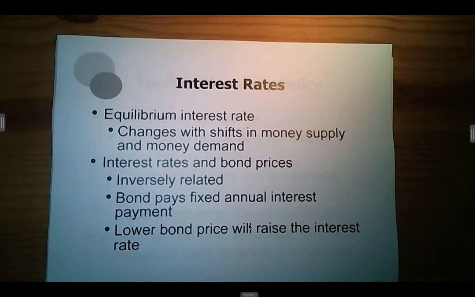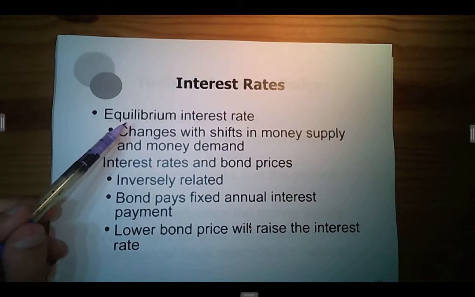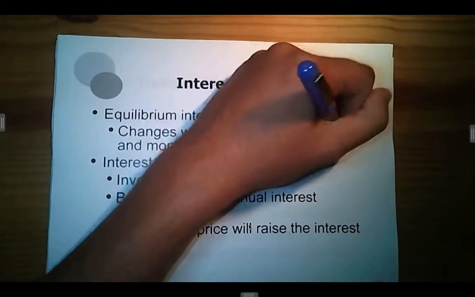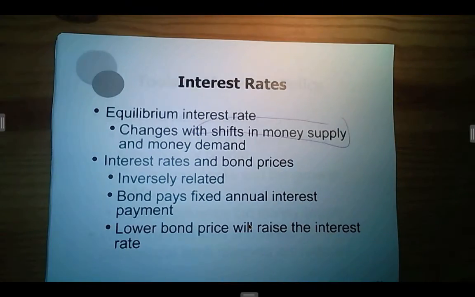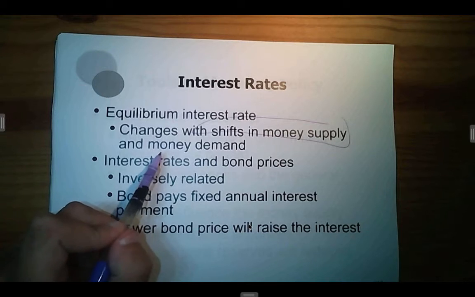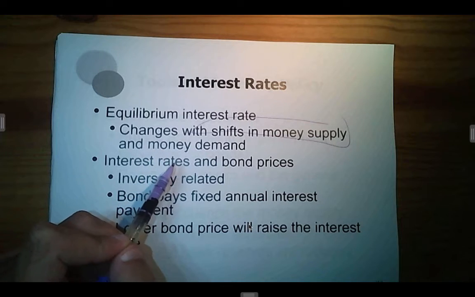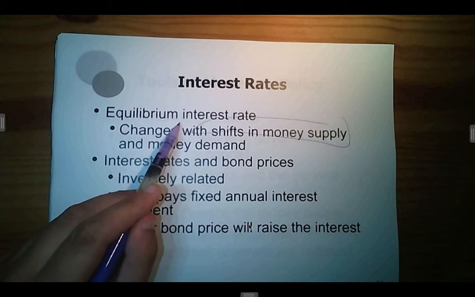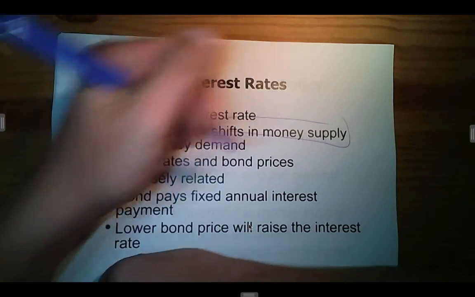Which then means that the equilibrium interest rate is determined by how I shift the money supply to change the equilibrium interest rate. The money demand itself, in some sense, is constant, but what's shifting is the money supply, and as the money supply shifts, it changes the interest rate.